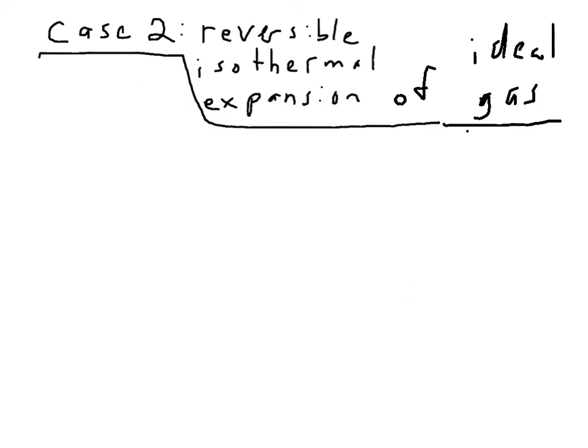In this next example, we're going to do a reversible expansion of an ideal gas at constant temperature. We start off always with that fundamental expression for work, and then we look at how the particulars of our problem change this equation.